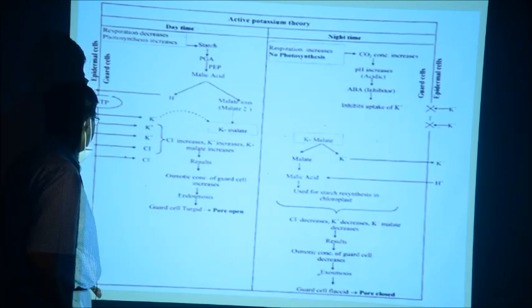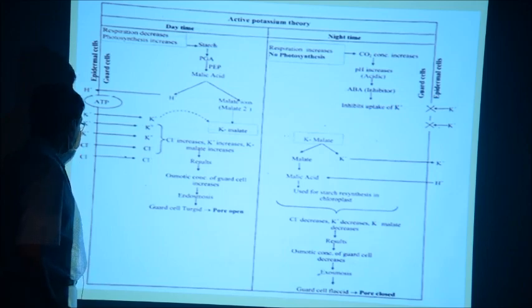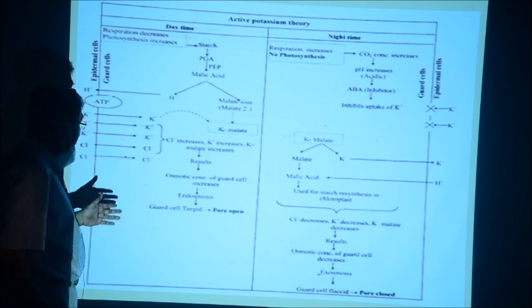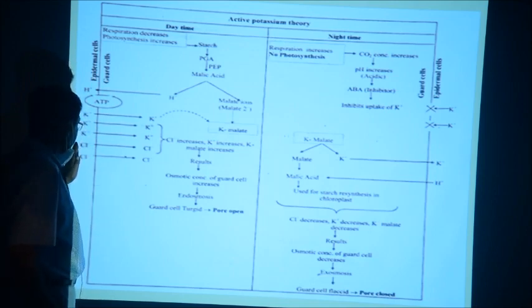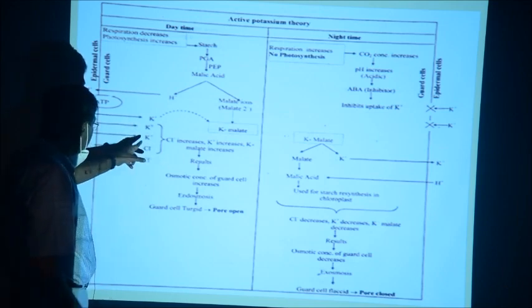The hydrogen ion, what happens is, in the subsidiary cells you have potassium and chlorine. Now, the hydrogen ions move out by exchange with potassium. So, hydrogen goes out and potassium comes in.